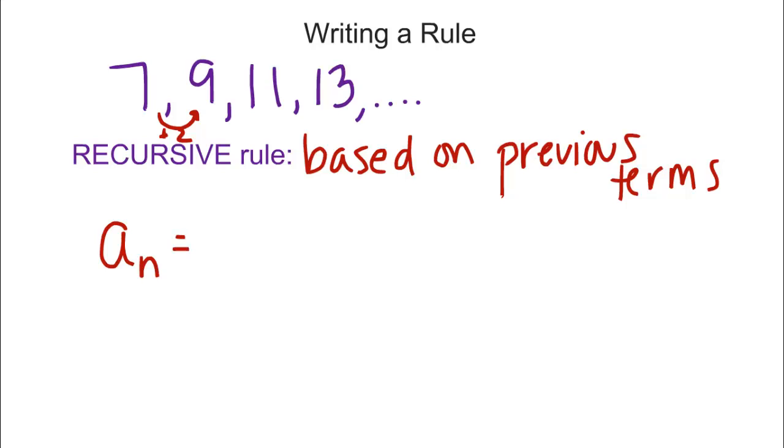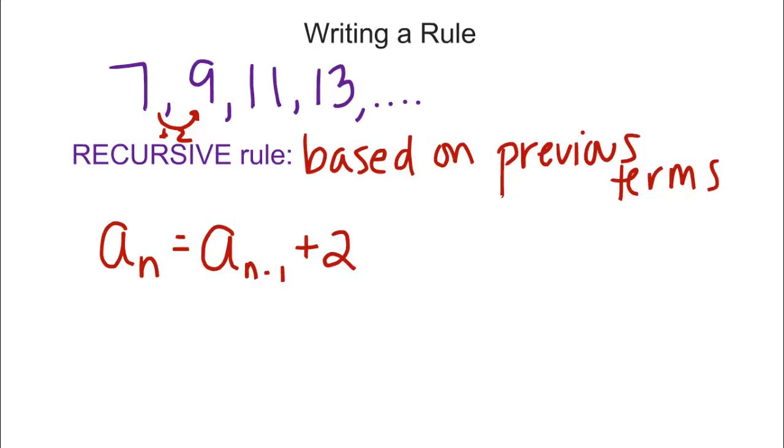If I'm talking about the nth term, the term that comes right before is n minus 1, or a sub n minus 1. Think about it: if I wanted A5, we'd need to know A4. If I wanted A10, I'd need to know A9. If I want An, I need An minus 1. I take An minus 1 and I add 2.